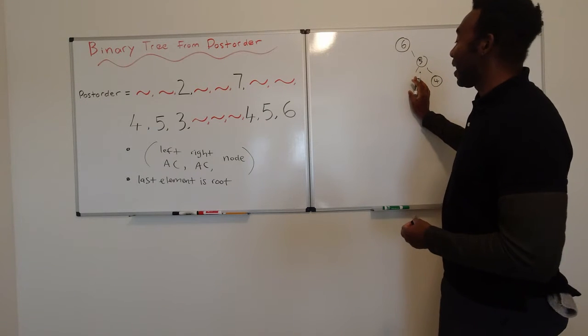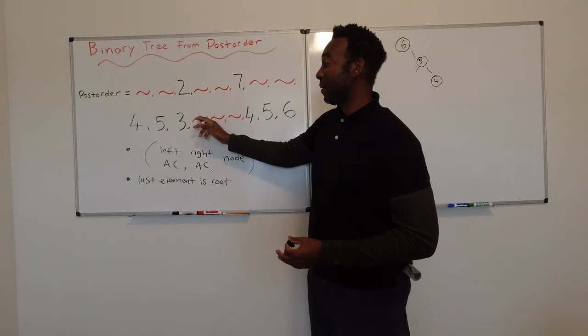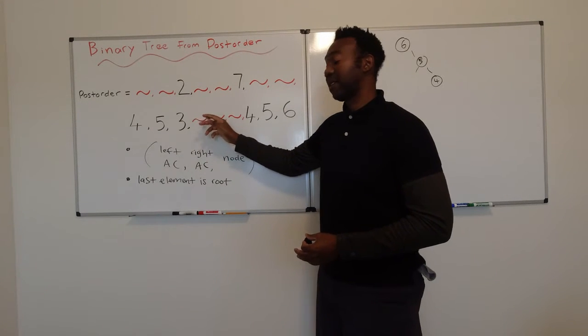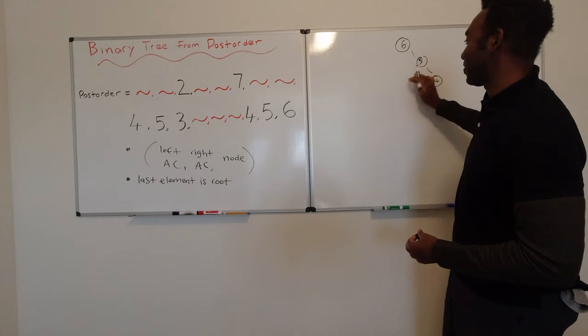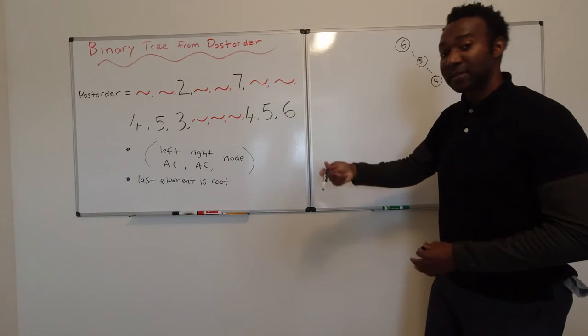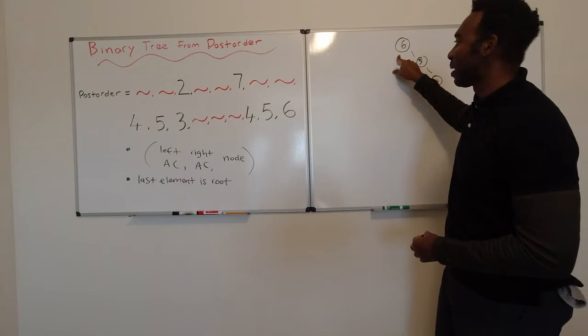And then we're going to define the left of the 5. So the next element that we have is another tilde. So that means that the left of the 5 is going to be a tilde, and there's nothing here. So I can actually erase this because there's nothing there.